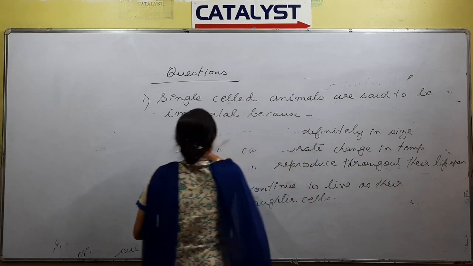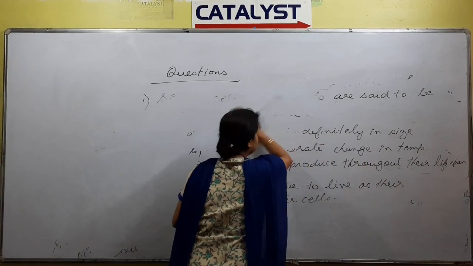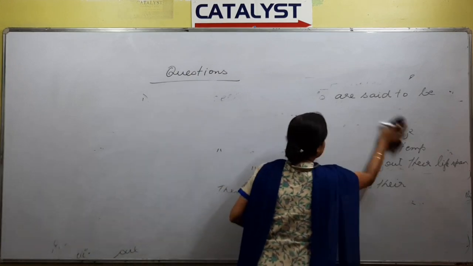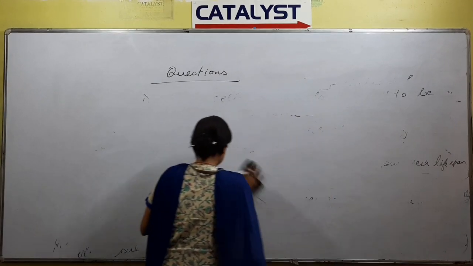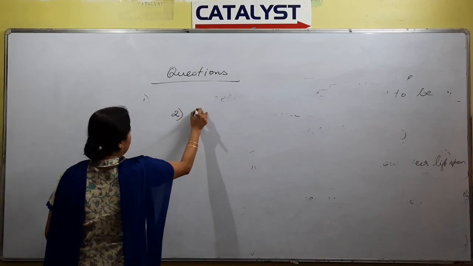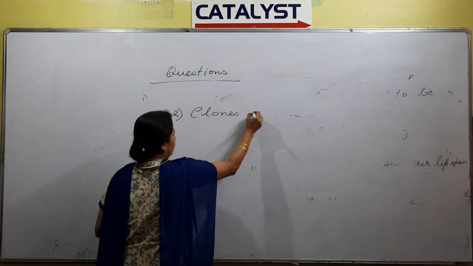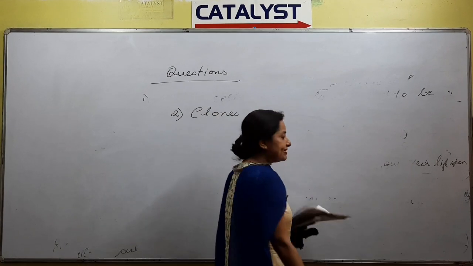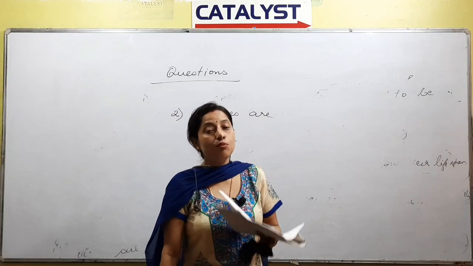Next question. Clones are morphologically similar, genetically similar, both or none.